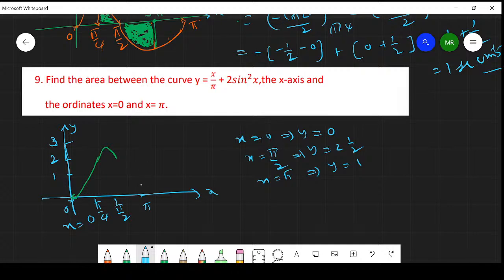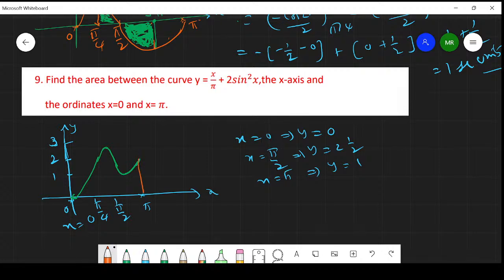So you can think, if I draw the graph, the line x is equal to pi, the graph will come down like this. Correct? It's coming down, again it's going up like this. The graph will go like this and go up again.